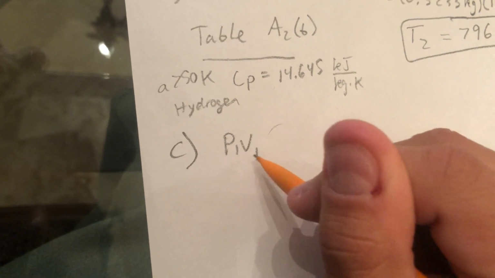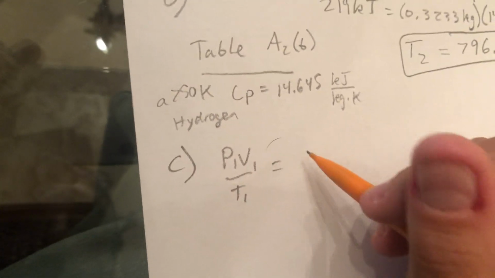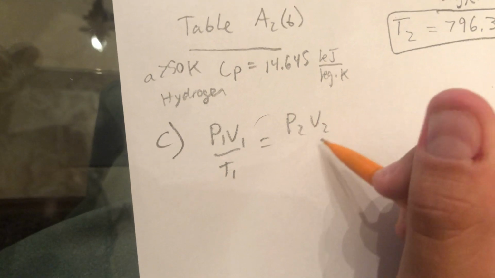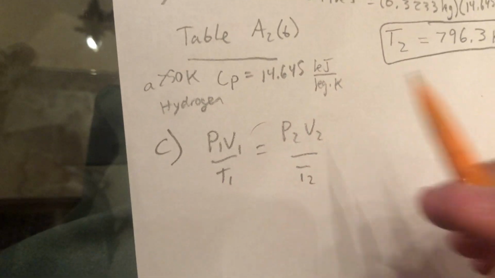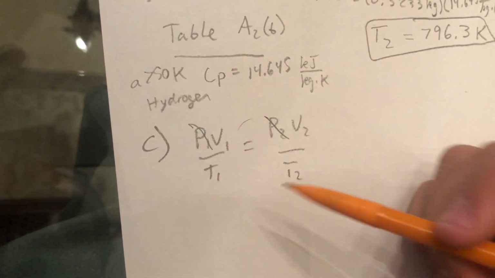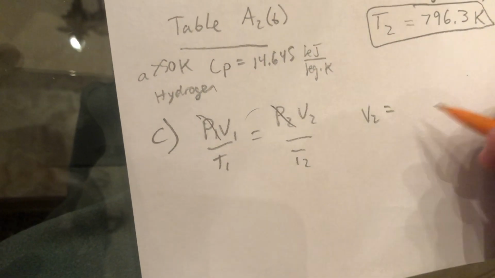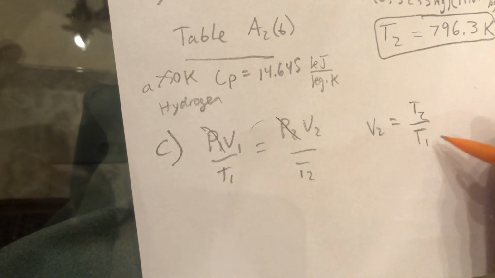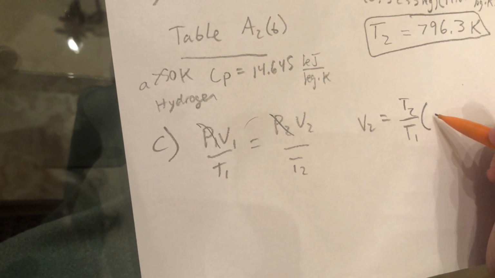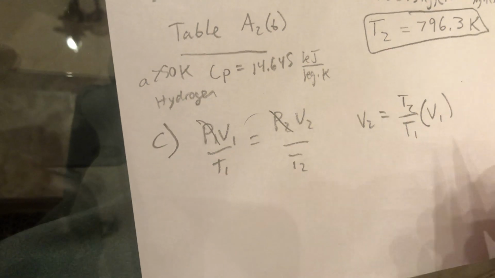P1 V1 over T1 is equal to P2 V2 over T2. P1 is equal to P2. So V2 is equal to T2 over T1 times V1.